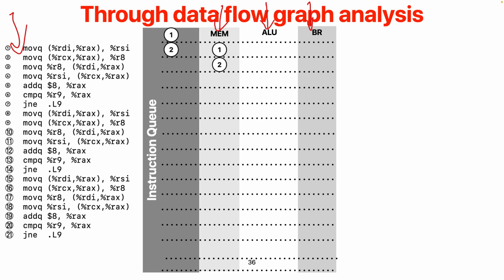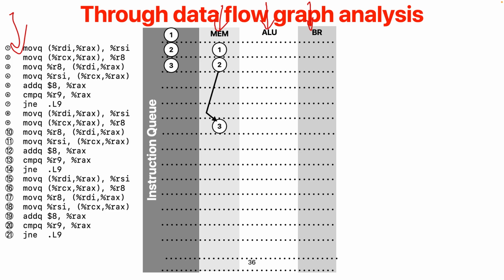How about 3? Who is 3 depending on? 2. How many cycles does it take for 2 to finish the memory? 4. By default in this class, if I didn't mention otherwise, it's 4. So 4 cycles later, it can only start at this point.